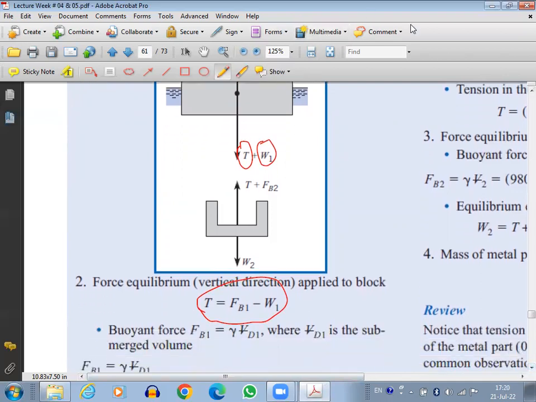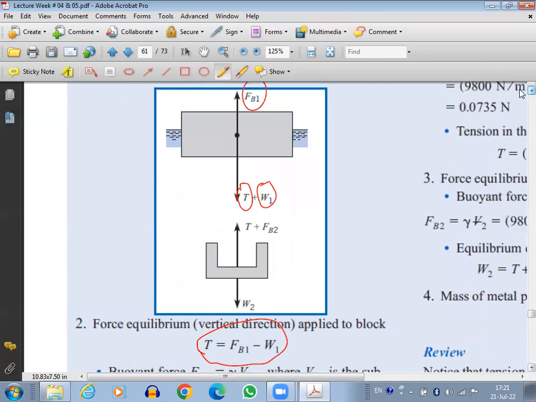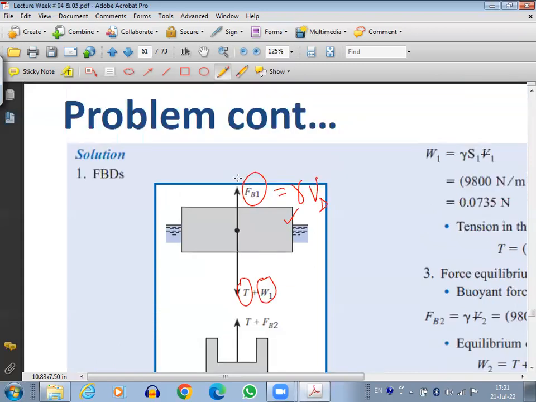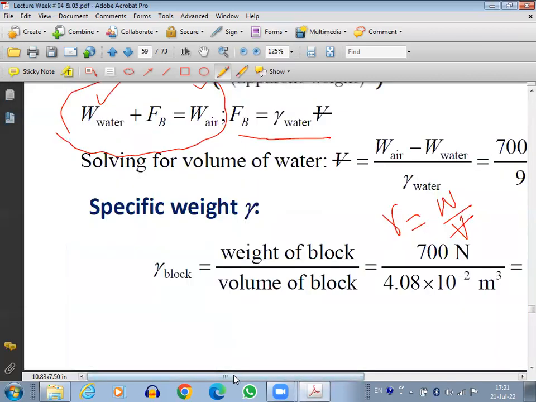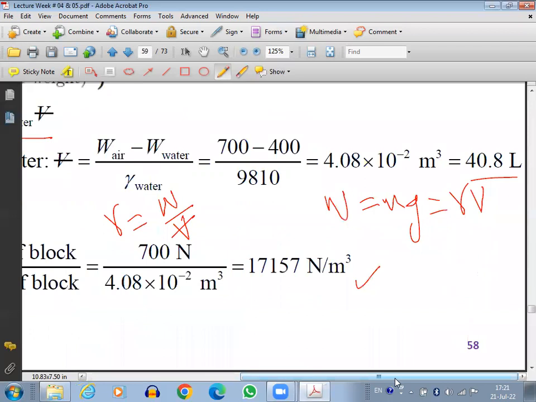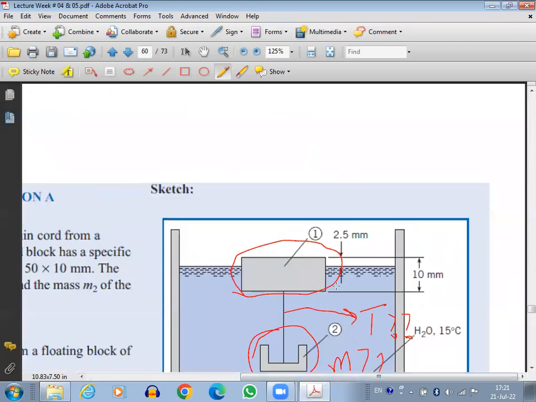Now let's talk about FB1, the buoyancy force. Buoyancy force is basically gamma into volume displaced. Gamma will be for water, because it is displacing water. So no issue in the gamma. Gamma is known. Volume displaced is how much? We can find out the volume displaced because look here, it is dipped 7.5 millimeter.